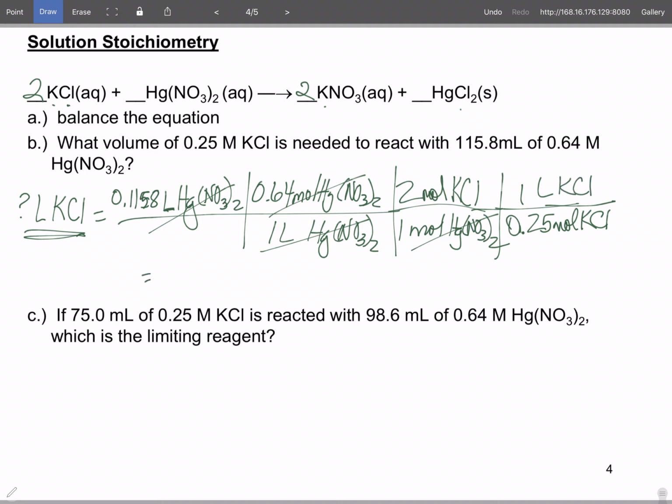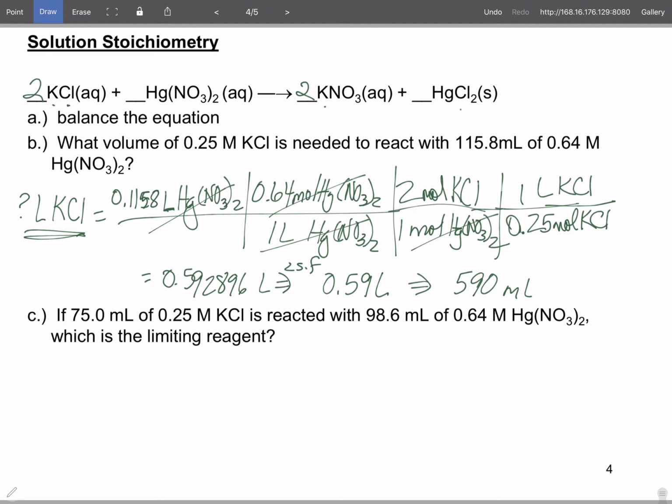So I run my numbers and I get 0.592896 liters. If I'm looking at this, I see two significant figures. So it's 0.59 liters, which if you wanted to convert it to milliliters, since I didn't specify, it'd be 590 milliliters.